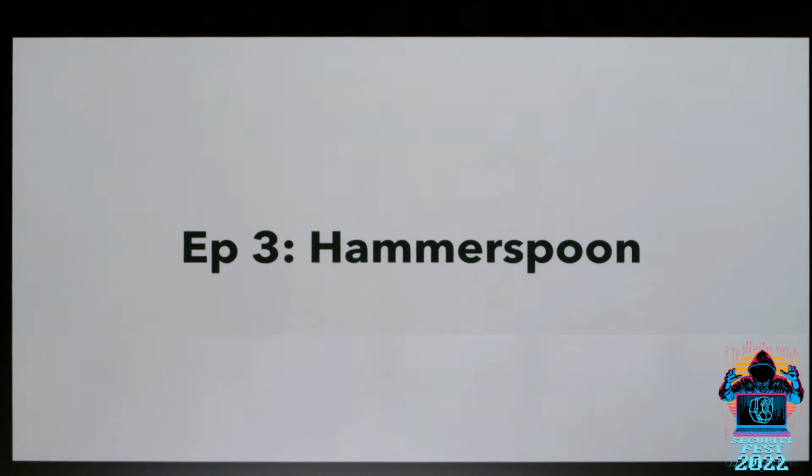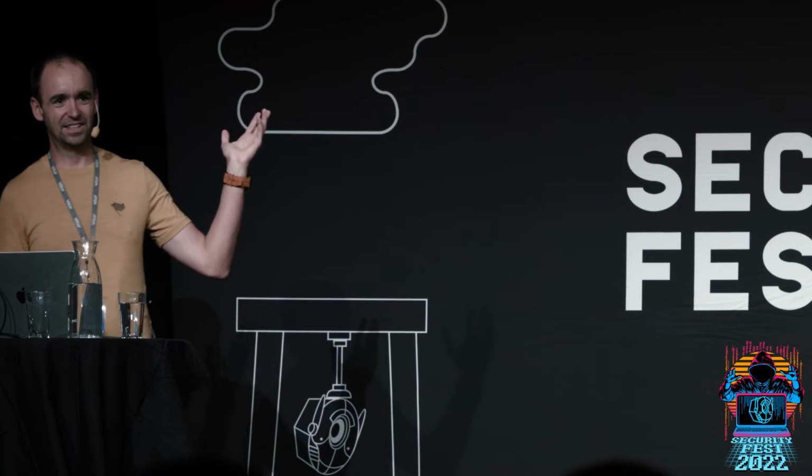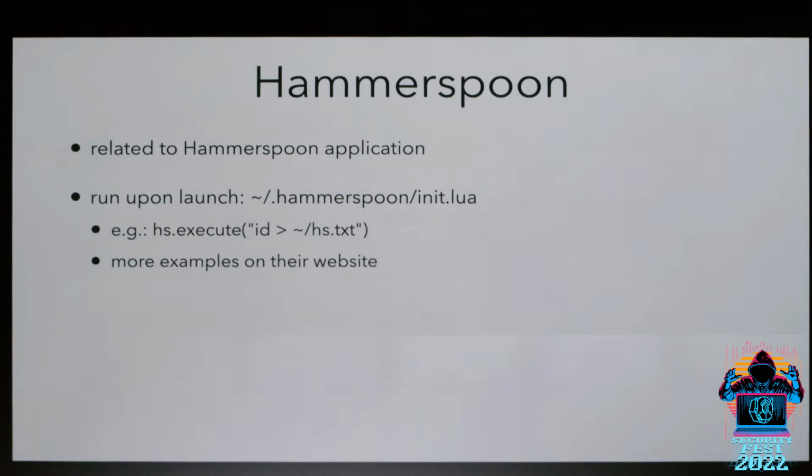The third one as a persistence is Hammerspoon. This is an automation application. So this is not something core to macOS, but this is more like an application-specific persistence. But if someone has Hammerspoon installed, Hammerspoon has an initialization script located in the home folder, .hammerspoon/init.lua.